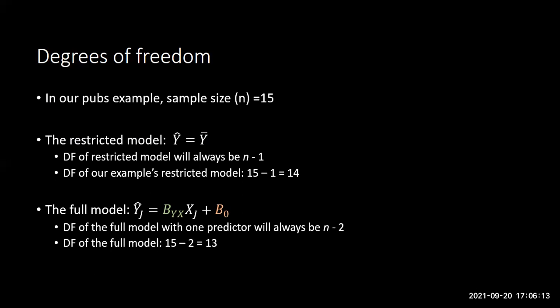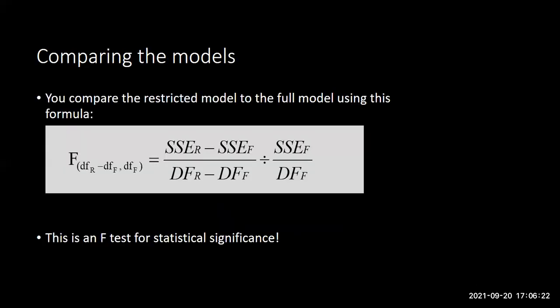And so now to determine whether that significantly has reduced our variance, we're going to put those together into some proportions. So what I have here is my F-test. An F-test is one of those tables in the back of your stats books. So in my F-test I have in the numerator the sums of squared errors for the restricted model and the full model, and in the denominator of the numerator, I have the degrees of freedom for those two models.